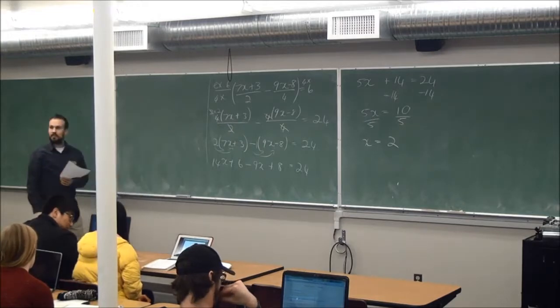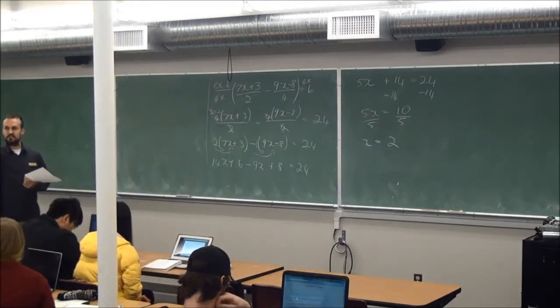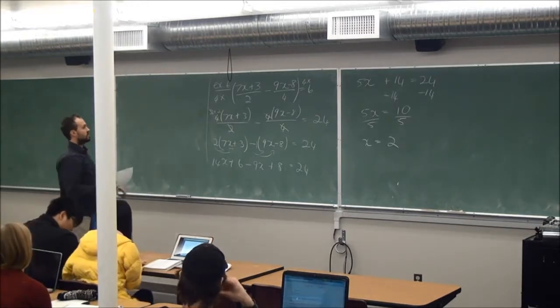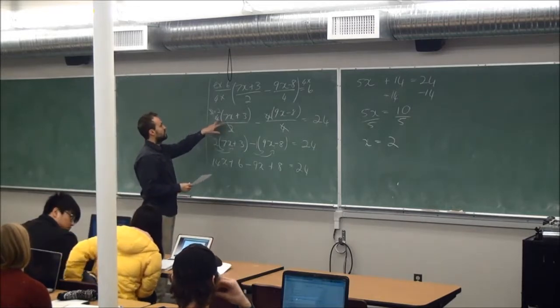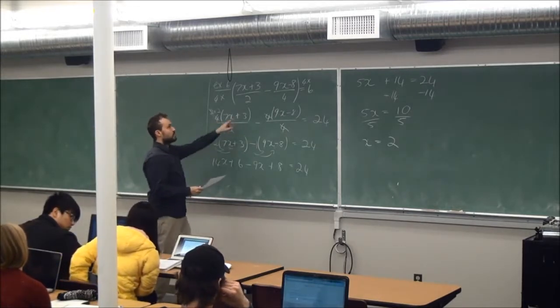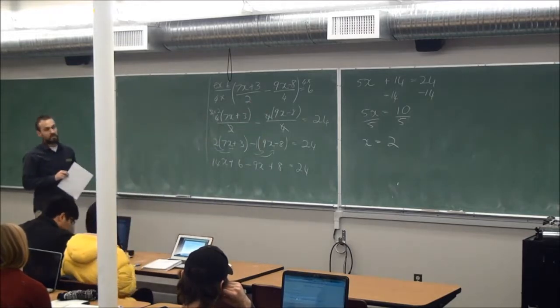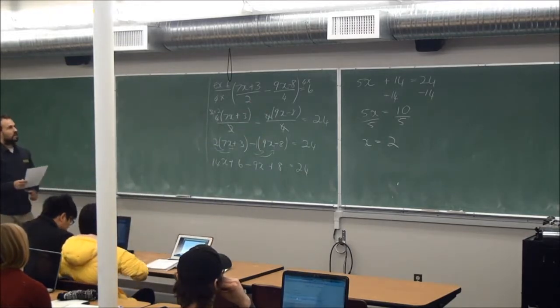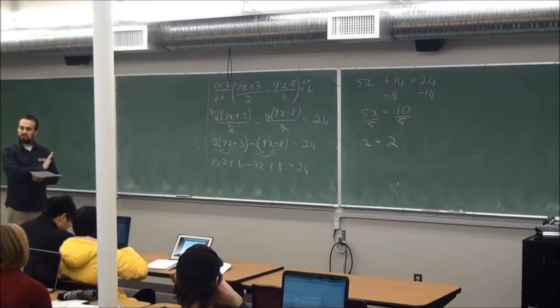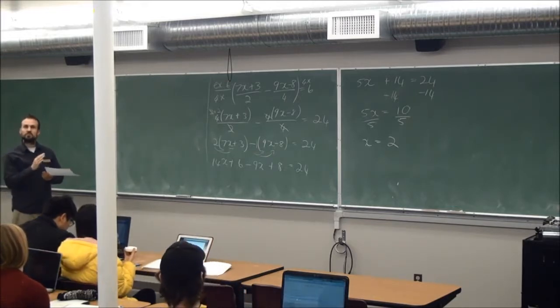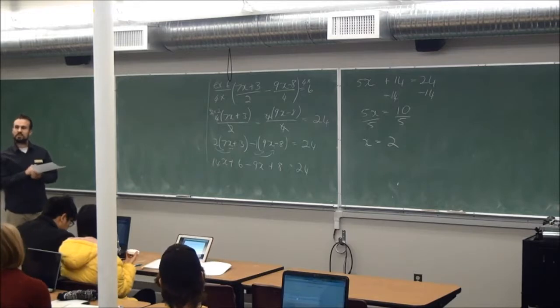What's another way that you could do this instead of using the 4 there? Yeah, like what else could you do? You can put these together over a common denominator first. In my experience, and it's just preference really, getting rid of the fractions as soon as I can just reduces the risk of making mistakes.